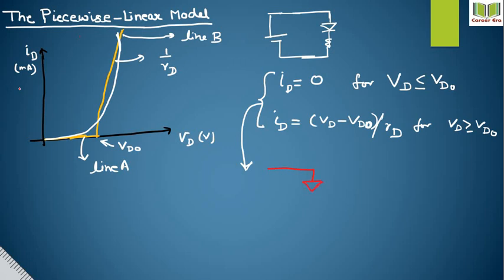This is a diode, and this is the voltage across the diode VD naught, and this is the dynamic resistance RD. This represents an ideal diode, and the voltage across this terminal to this terminal is VD.